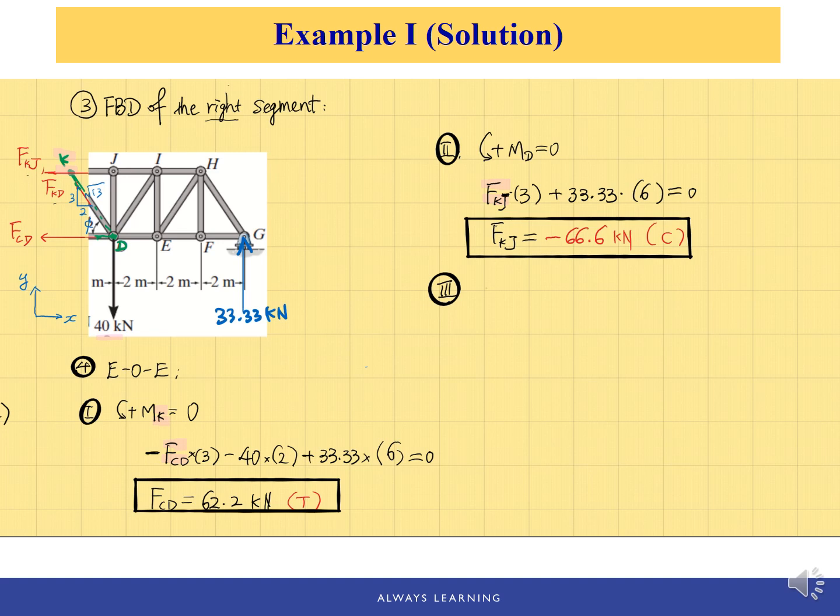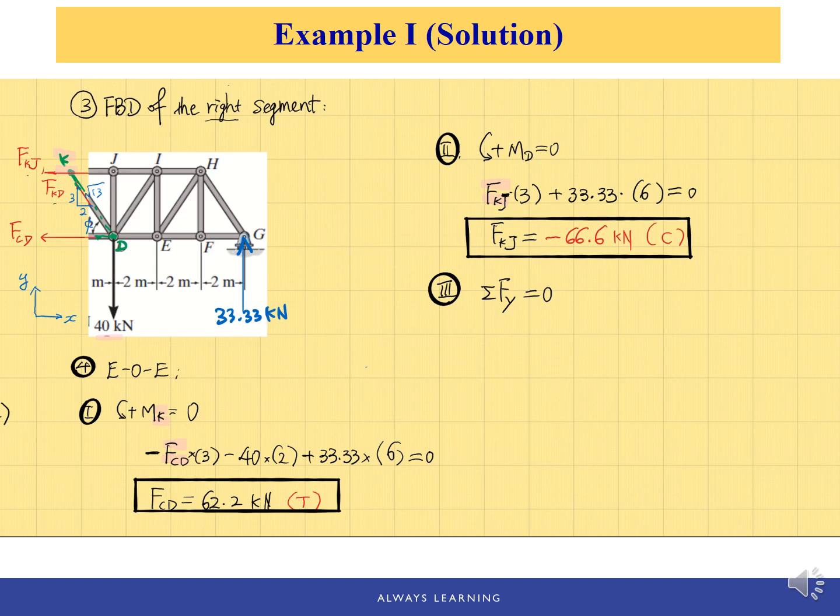So because of that, I'm going to choose the equation sum of Fy equals 0. Although KJ and CD are already solved in the previous steps, just in case we made errors in those calculations, when we solve F_KD, we don't want this force to be dependent on the other 2 forces. So that's why I'm choosing this Fy equals 0.